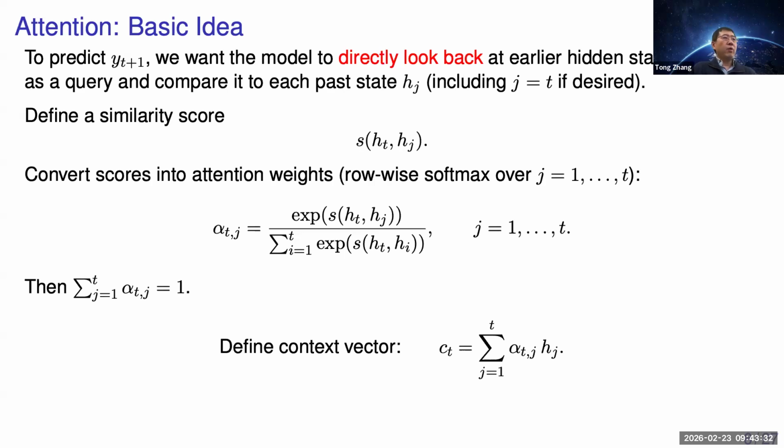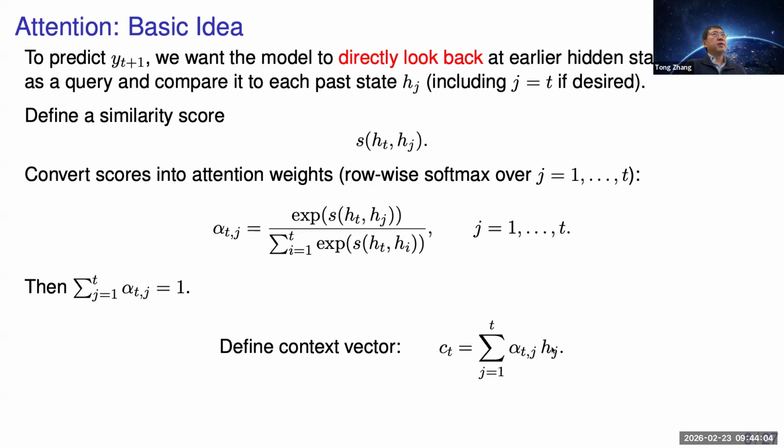Once time goes long and j is far from t, h_t will not be a very good compression of some very early states, but h_j could be a good compression at that particular time. So when my current state is close to some earlier state, say h_j, the attention weight for that state will be high, and then I will copy these particular weights.